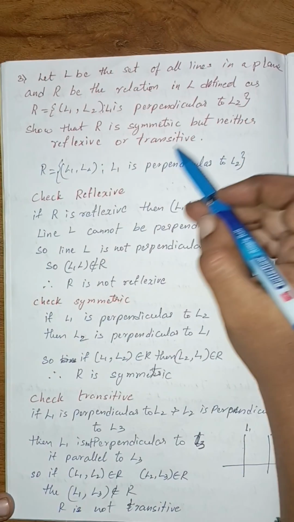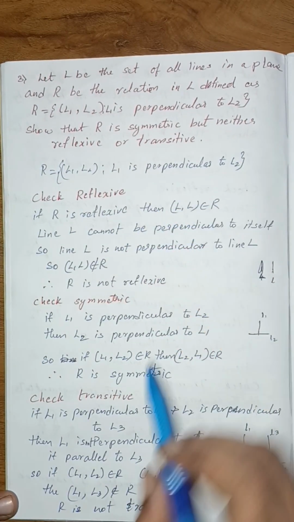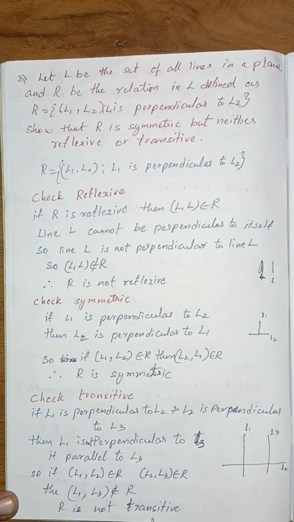Hence, we have proved that R is not reflexive, it is symmetric, and it is not transitive.